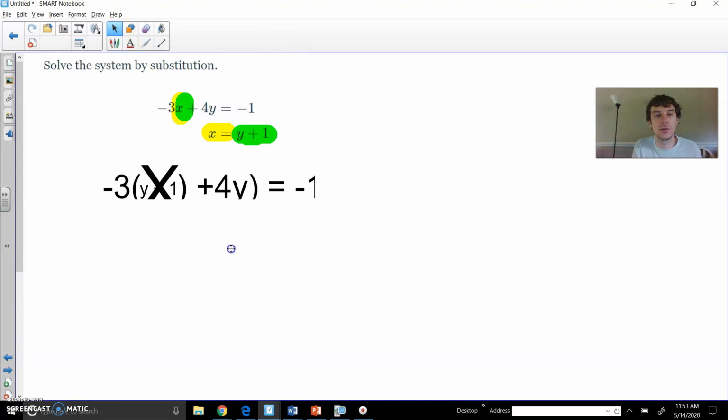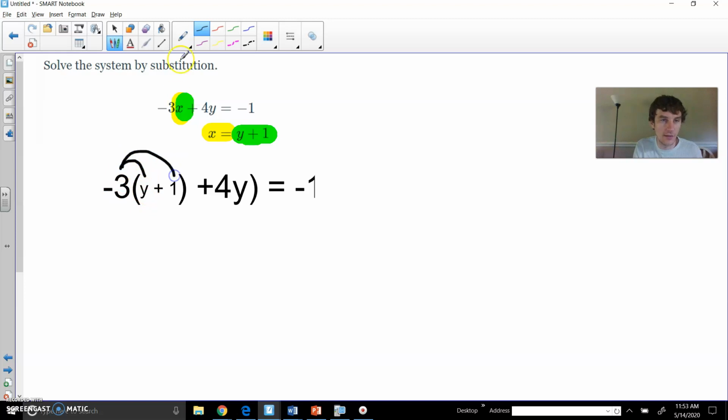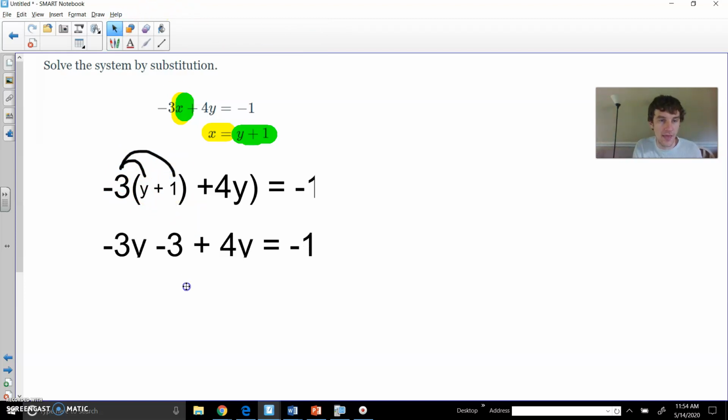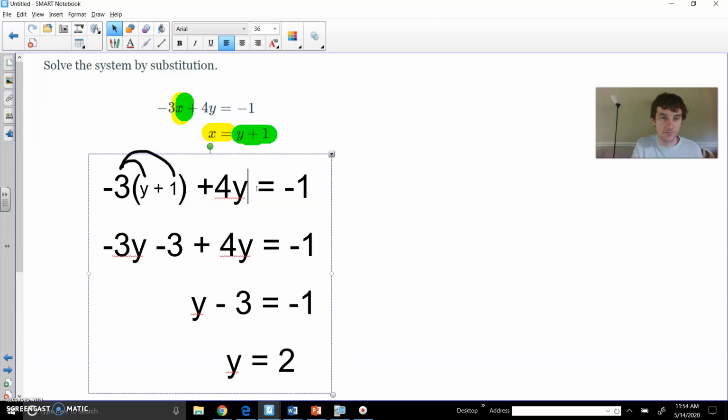So I'm going to show you, if you take this top equation, don't use x, replace it with what x equals. It equals y plus 1. And then we'll want to use a common algebra skill called distribution. These are up against each other, so we're going to distribute, multiplying -3 times y, also -3 times 1, and that will produce -3y minus 3, rewriting the rest of it.